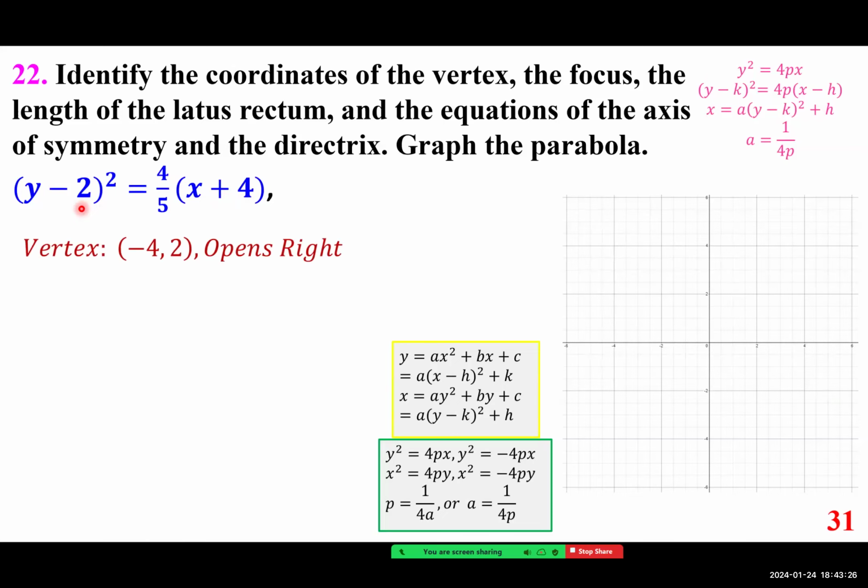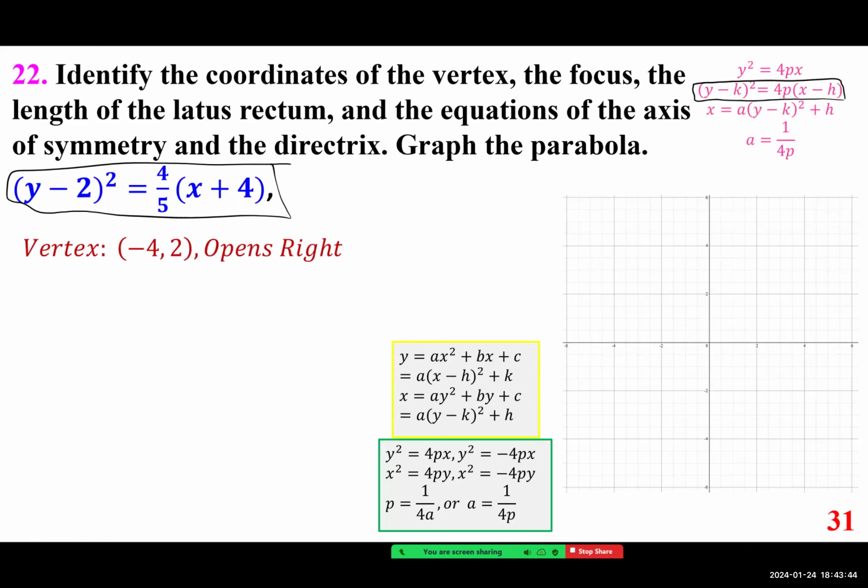Again, you can compare this, or you can also change it and write it in the intermediate algebra format. I will show you when we do that. Compare it to this one for now.